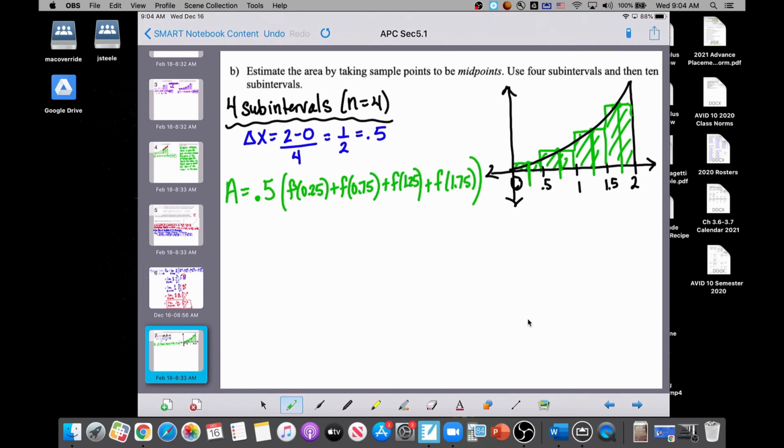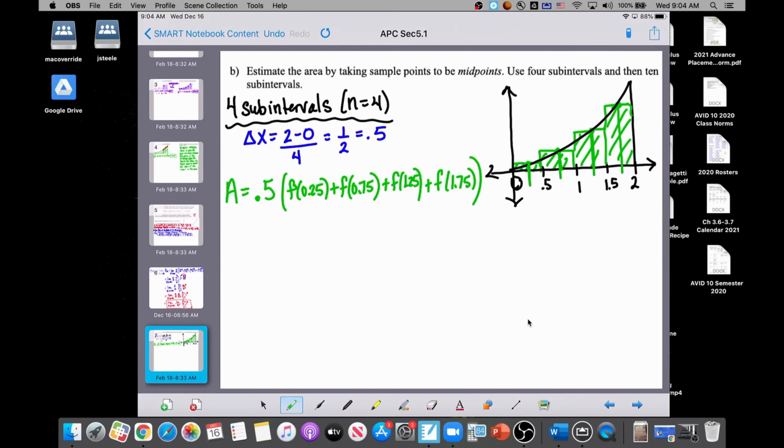So how do I get those? Well, I plug those numbers into y equals x cubed. So I grab my calculator. What is 0.25 cubed? What is 0.75 cubed? Because our function is y equals x cubed.